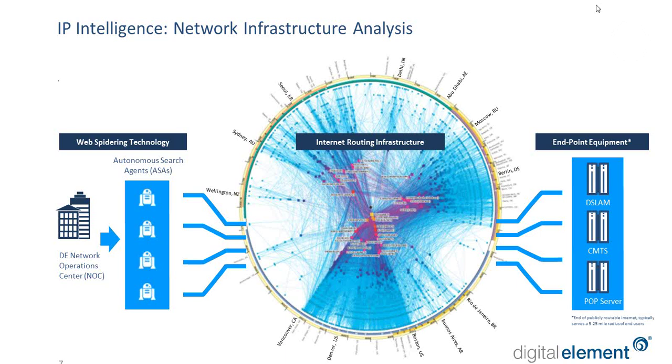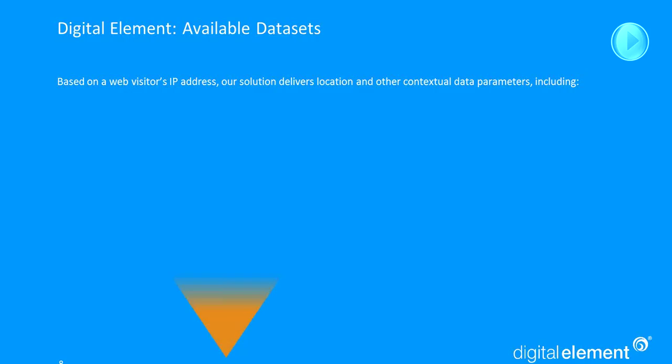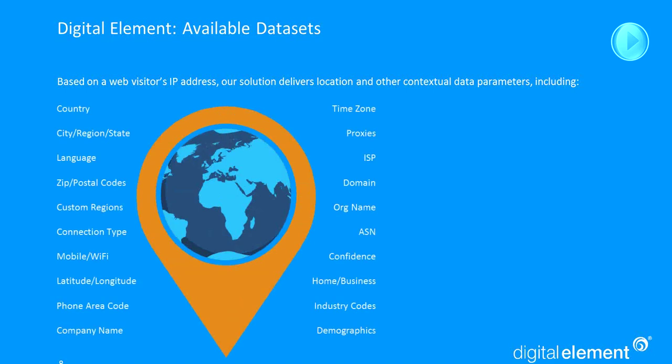And from what I understand, there's various pieces of information for each IP. What are these data pieces that you can tell? So in an IP, like we mentioned before, you can tell the geographic location, and that includes country, city, region, which might be a state or a province, and also zip or postal codes.